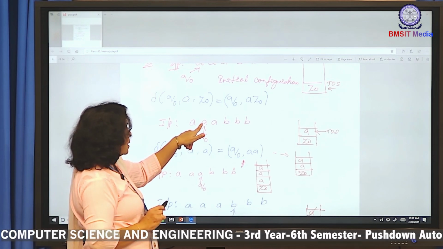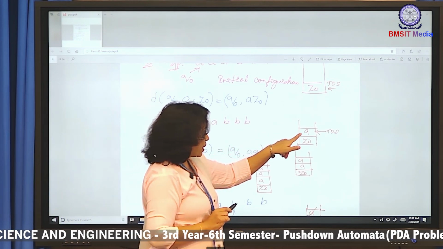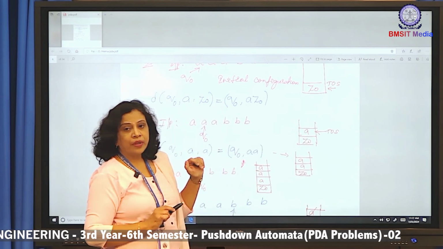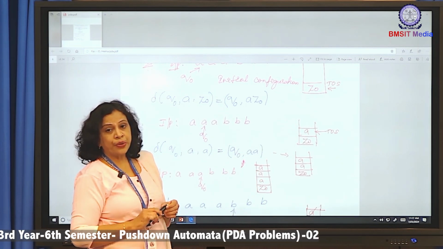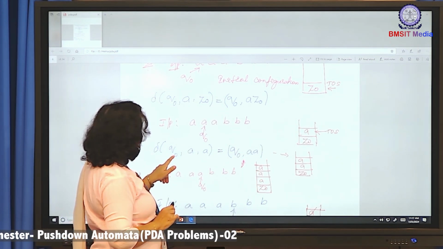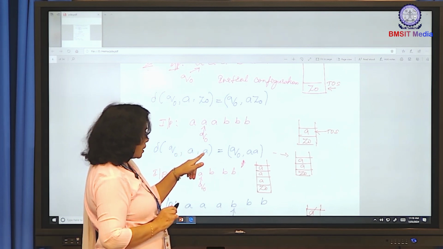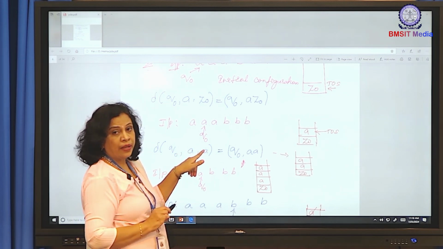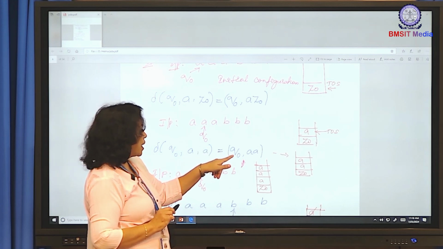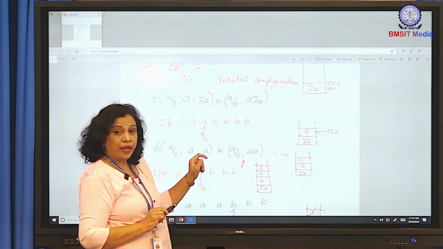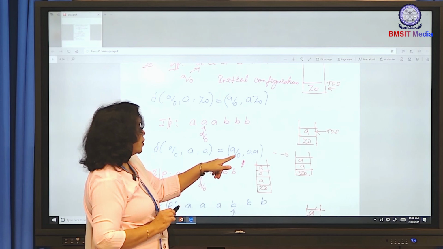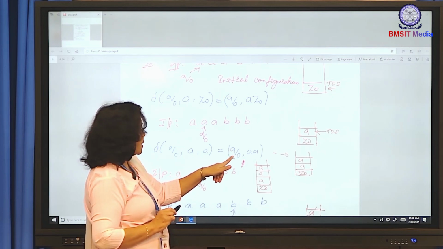The input is A. Top of the stack is A. So when I am in state Q0, after reading the input A, when the top of the stack is A, I push that A onto the stack and remain in Q0. So this is Q0 itself.